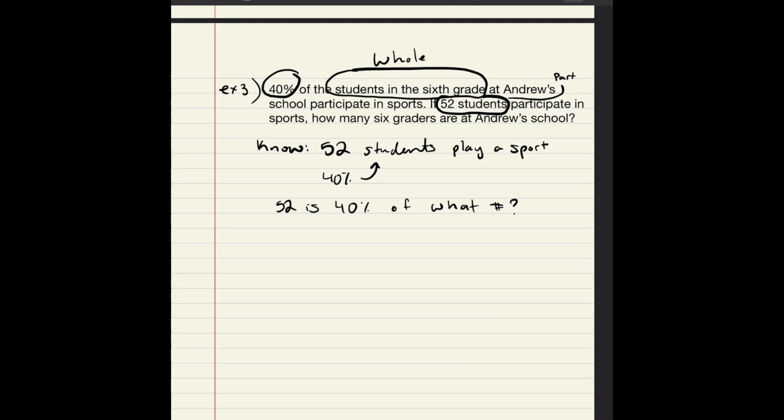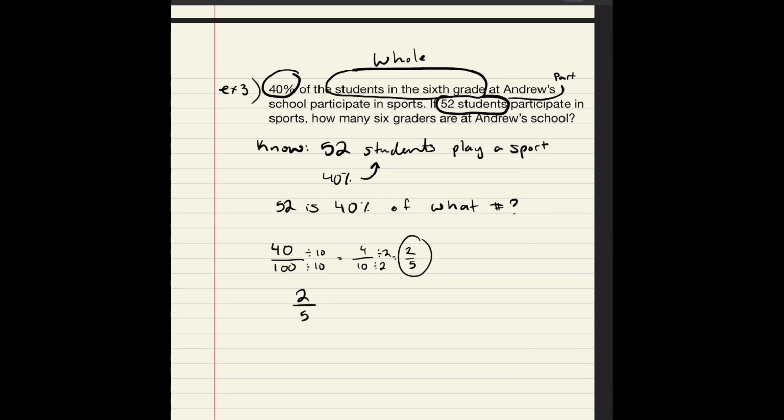So let's find out. We need to turn our percent into a fraction, so 40 over 100. And then we can simplify. Which can be simplified again by 2. So we have 2 over 5 is our fraction now.